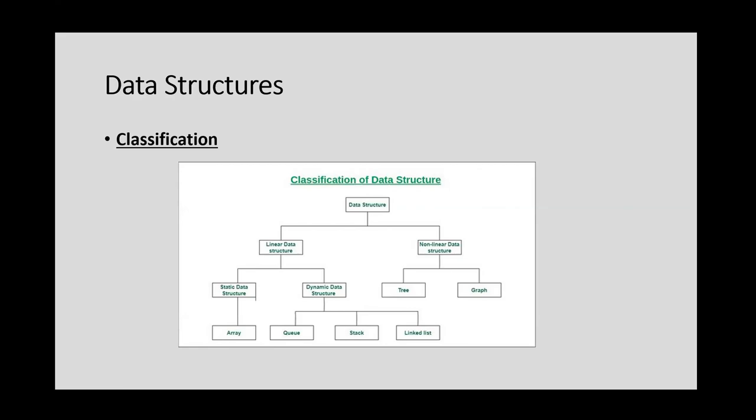There might be some problems which need to be solved in this way, which will help us access elements very easily and efficiently. So that is one non-linear data structure, which is tree, and one more is graph.